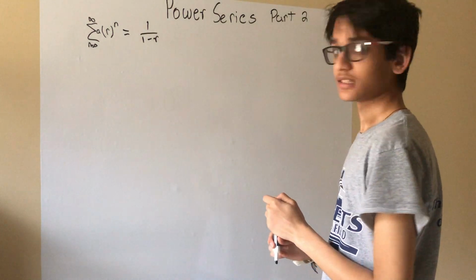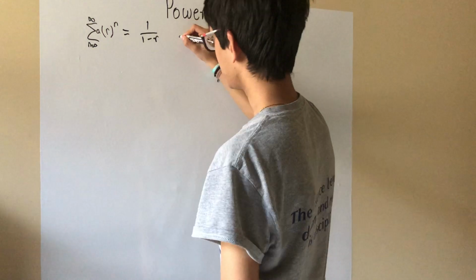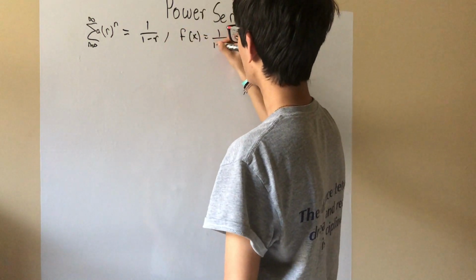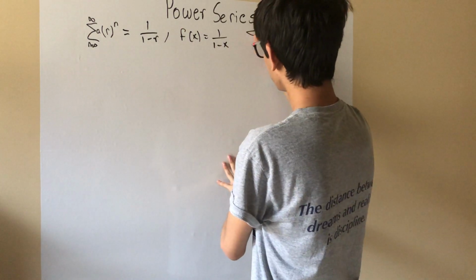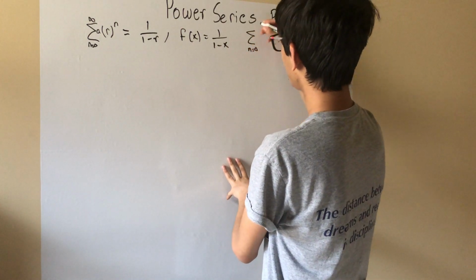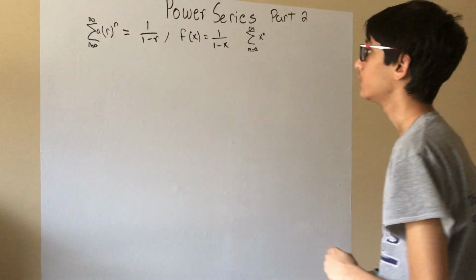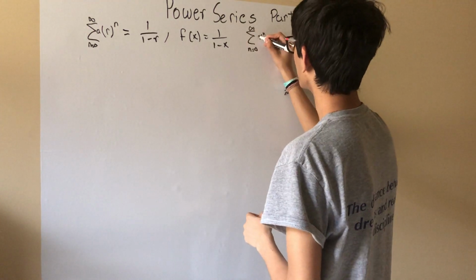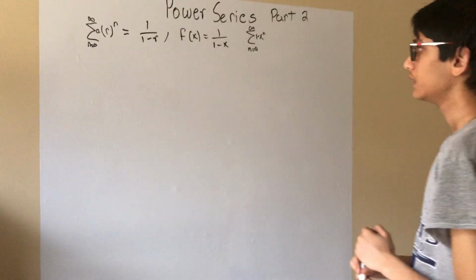So relating this back to what we know, that means that you can write f of x equals 1 over 1 minus x. This is the same thing as the sum from n equals 0 to infinity of x to the nth power times an a value up top, which is actually equal to 1. So times 1, right?